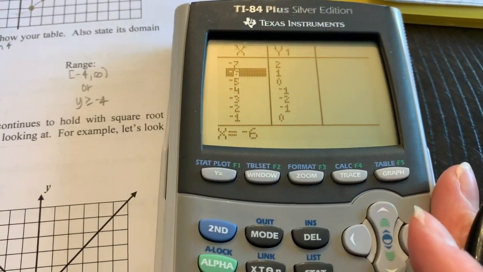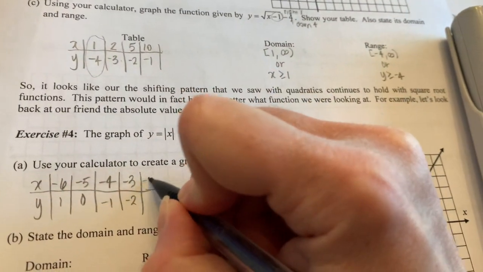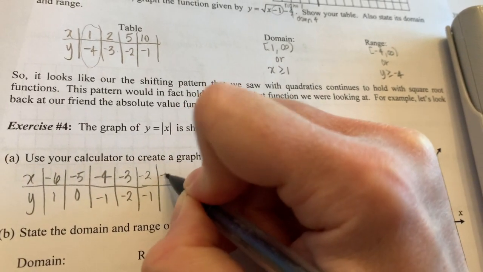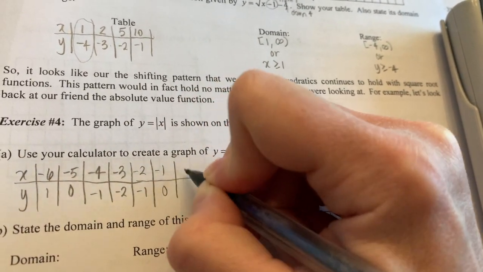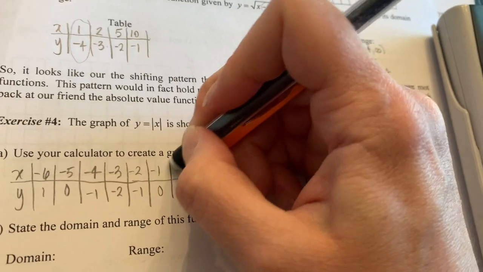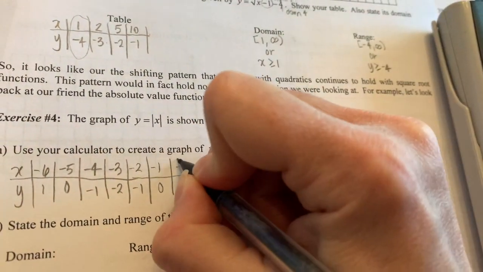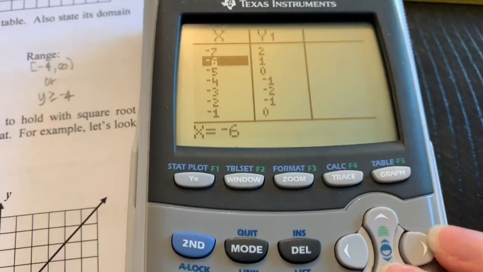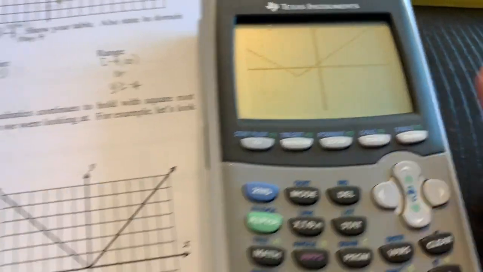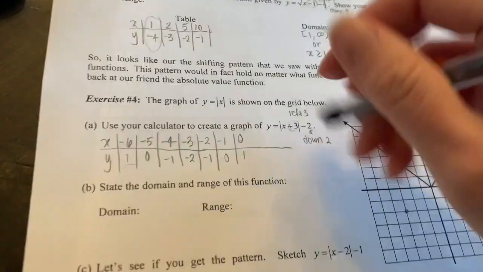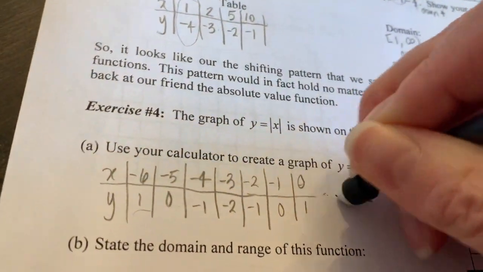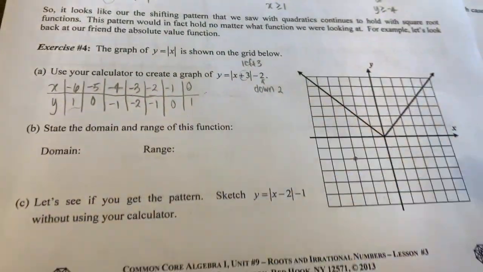And now it's going to be negative 2 and negative 1. Everything mirrors now. Negative 1 and 0, and 0 and 1. And I'm writing that just because I know what it's going to be, but you can see it here. Okay? And I'll use this to graph.